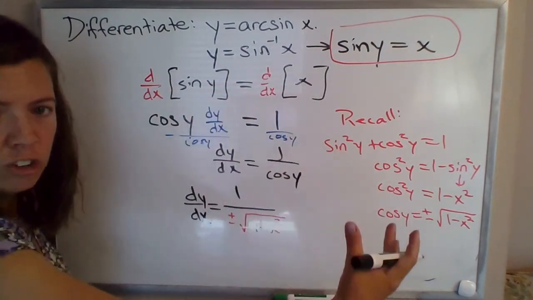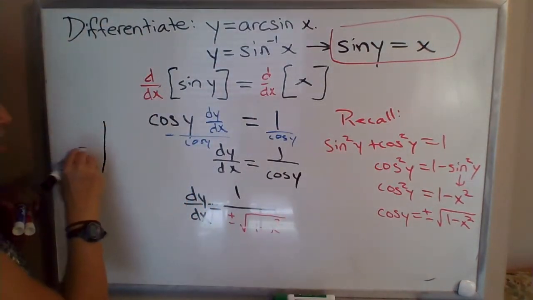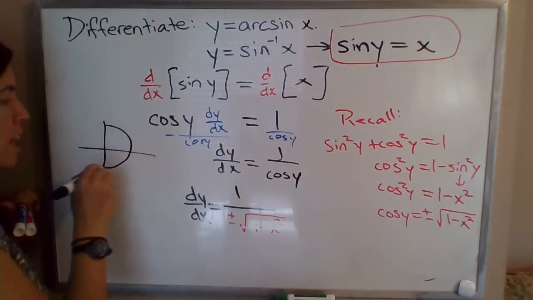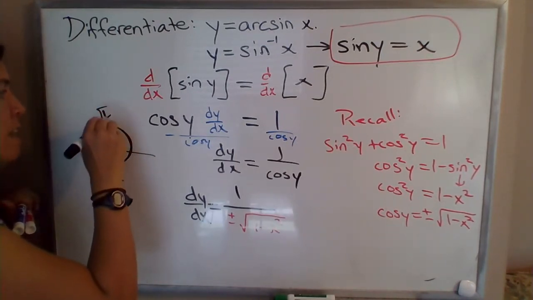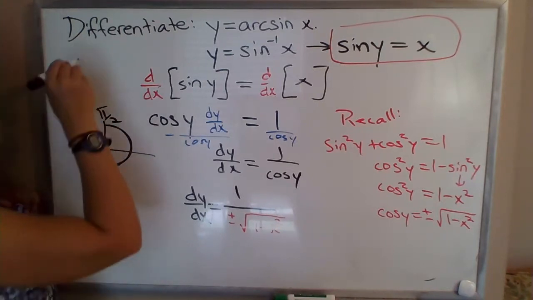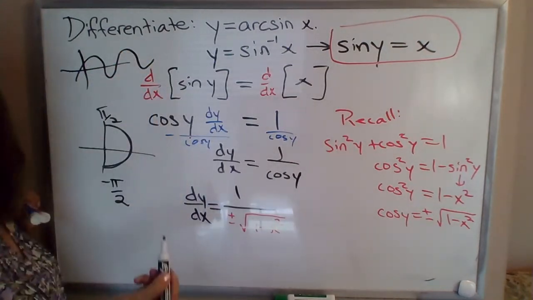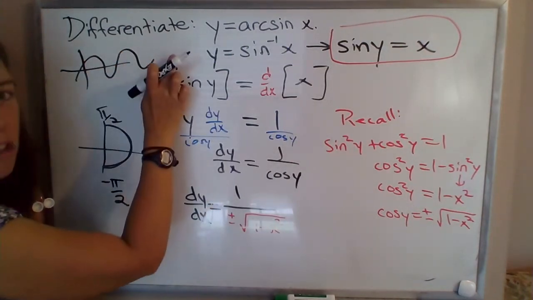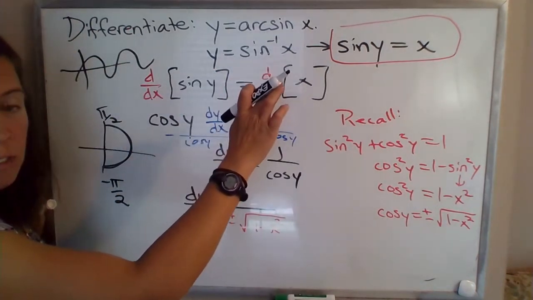For inverse sine, we restrict the range to negative pi over 2 to pi over 2. I'm writing the portion of the unit circle that corresponds to that. And for some quick background on that, here's your sine graph, very sloppy sine graph. It fails the horizontal line test. So if we leave it alone, it does not have an inverse because it's not 1-to-1.